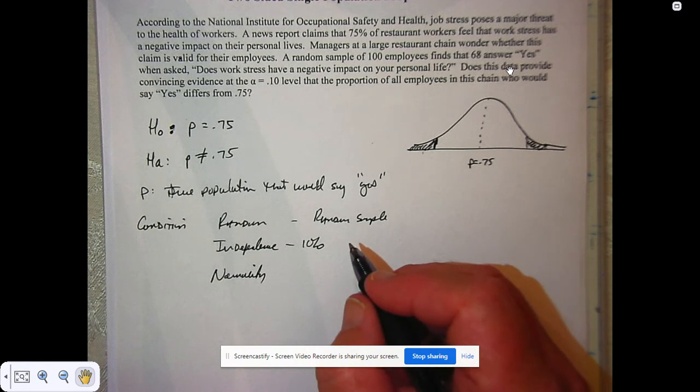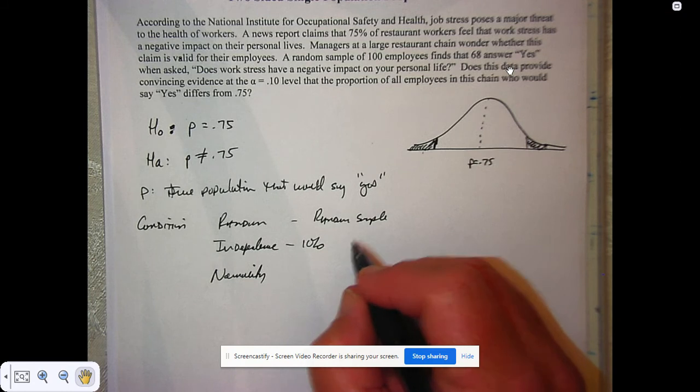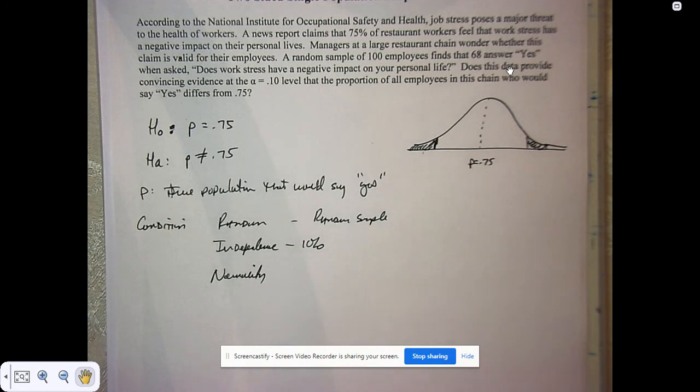This is a large chain. I would assume that they'd have way more than this. Okay. But the population we're talking about is the population of this chain's restaurants. Not all restaurant workers in total, but this restaurant chain's employees. So it's a large restaurant chain.